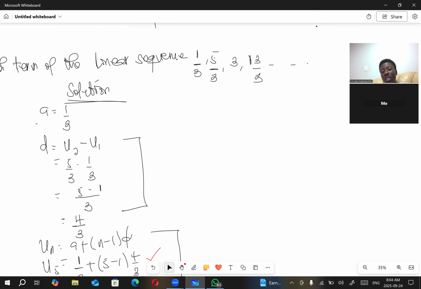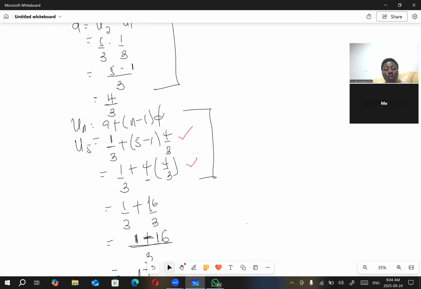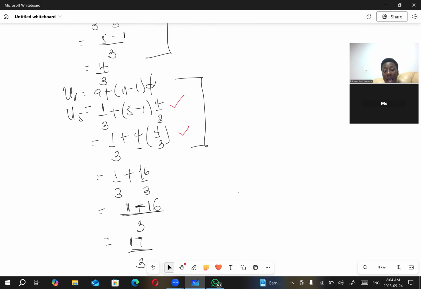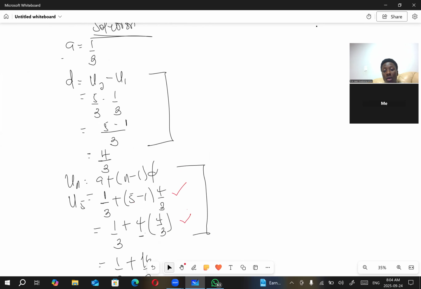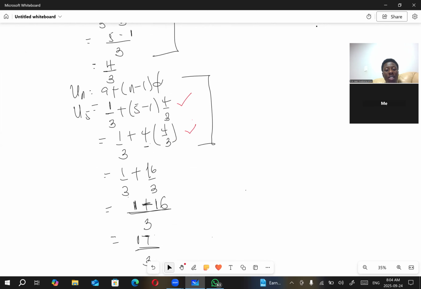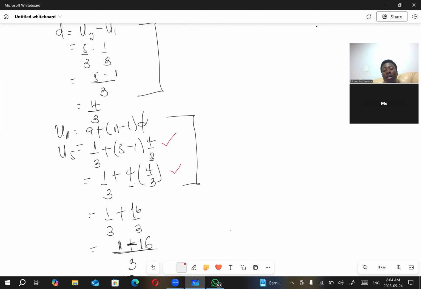When you sit down and analyze the sequence, you will be able to predict the next value. If you predict it properly, the answer you get must be the same as when you use a formula.